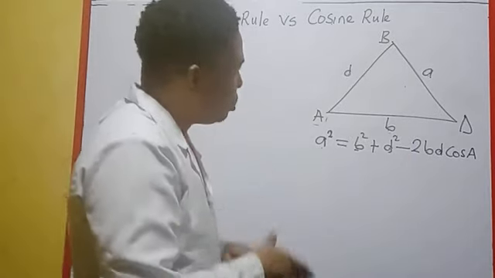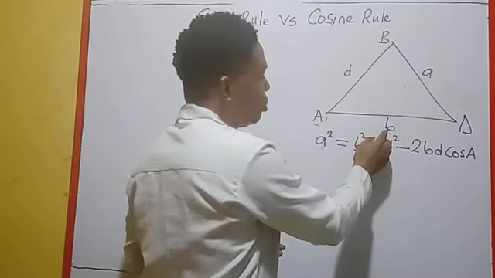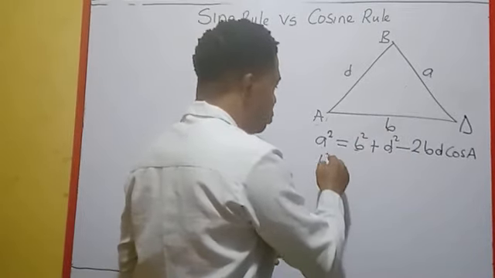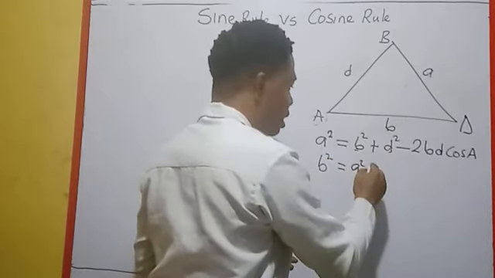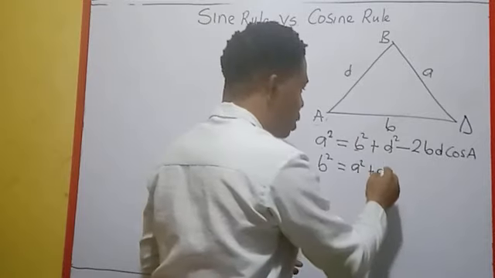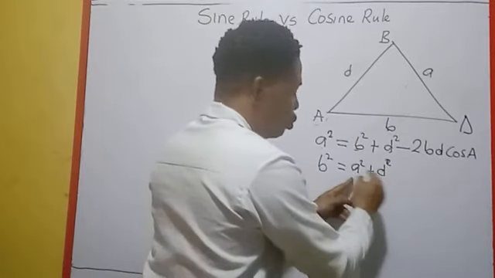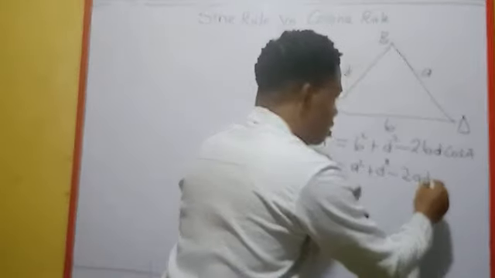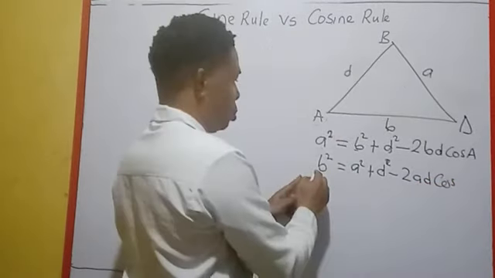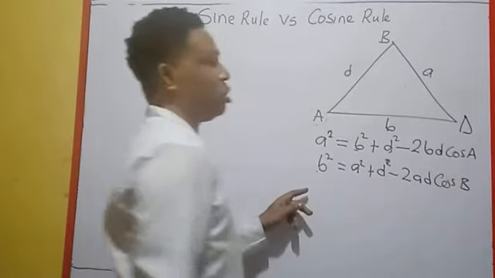Now, if you are asked to find b, the cosine rule says b squared is equal to a squared plus d squared, minus 2ad cos B. You put the angle B there.